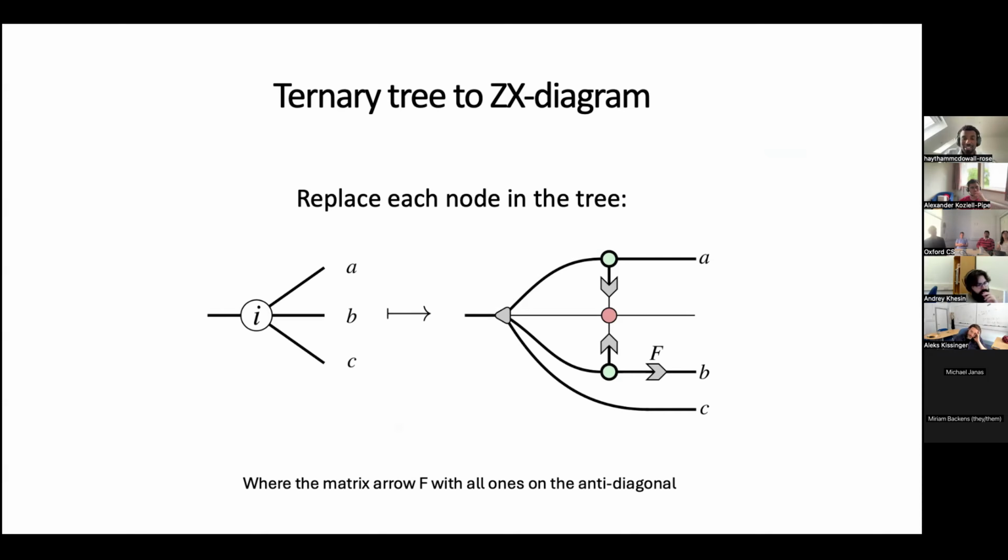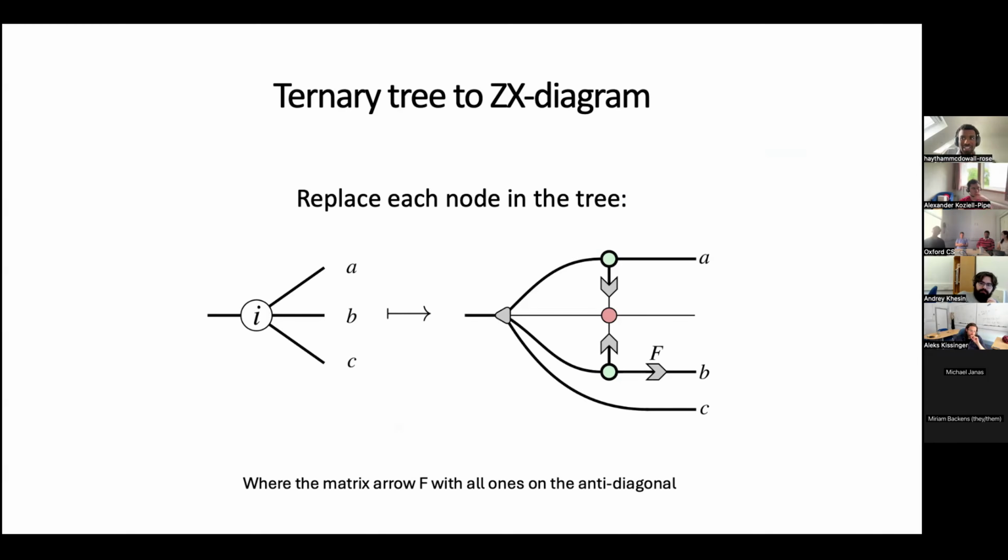There was some work going on at the same time as I was writing my thesis about fermion-qubit mapping. A guy called Mitchell in Cambridge was finishing his PhD, and the last paper he wrote had the title "Ternary trees are linear encodings," which is a bit shocking. I was like, "What? There's no way."